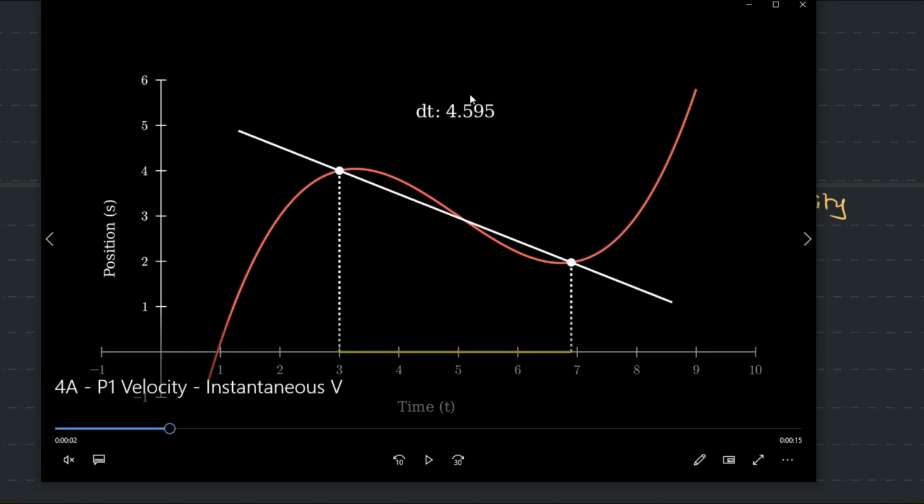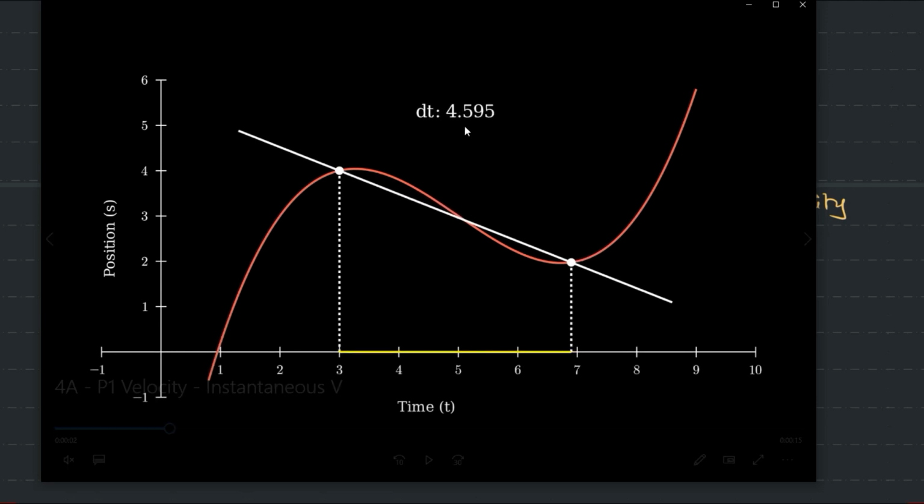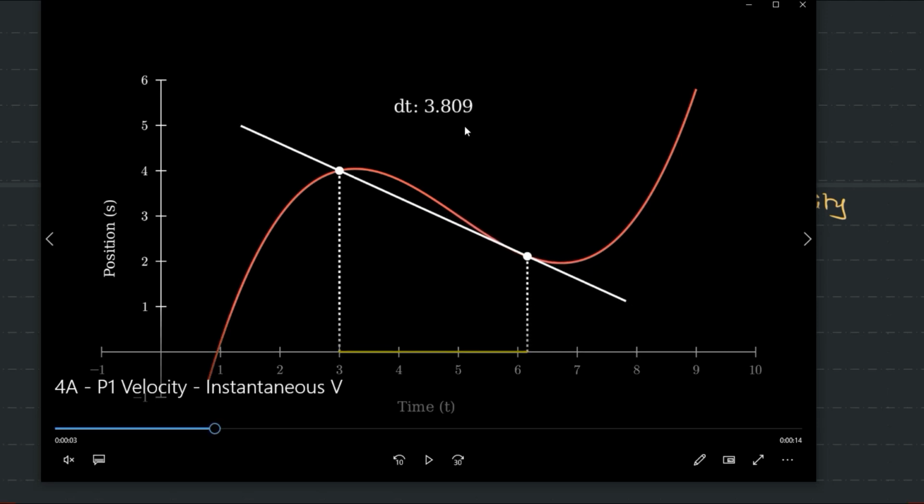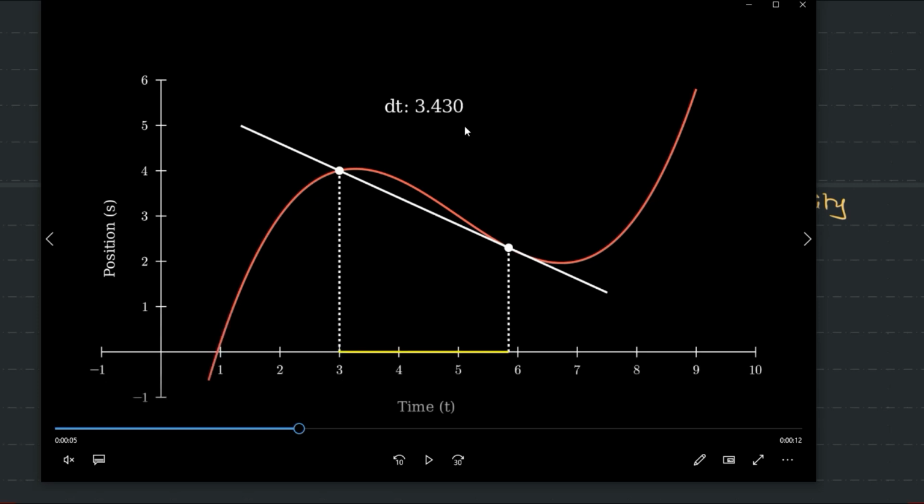Now the animation is decreasing the time difference. Still all of this is average velocity. This is average velocity between 3 and 6, a difference of 3.